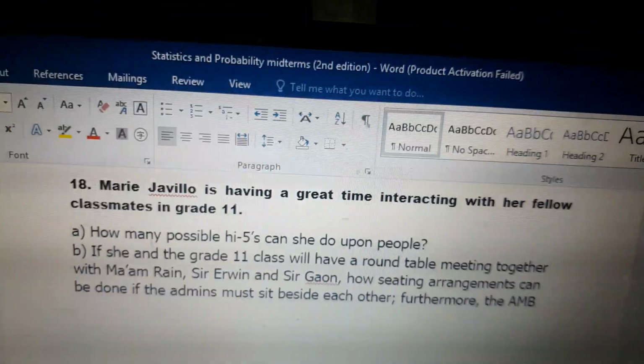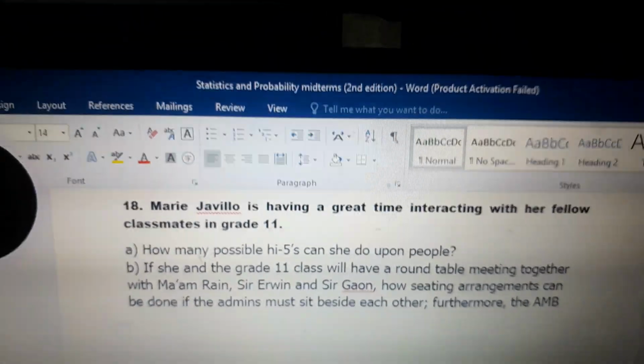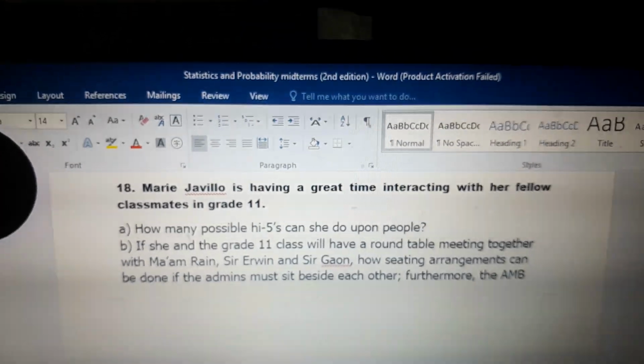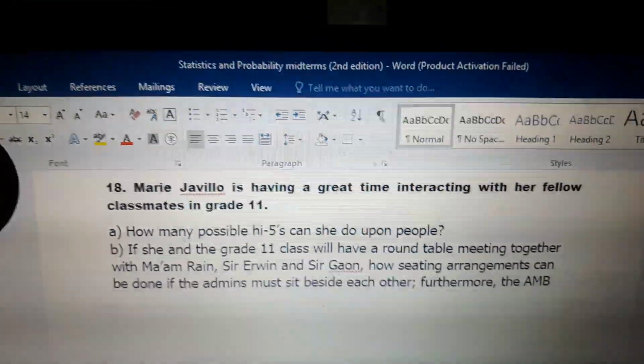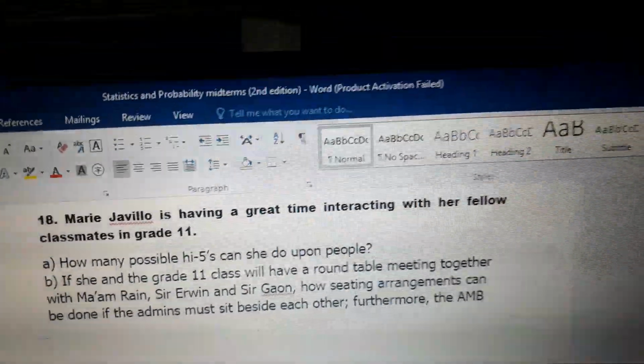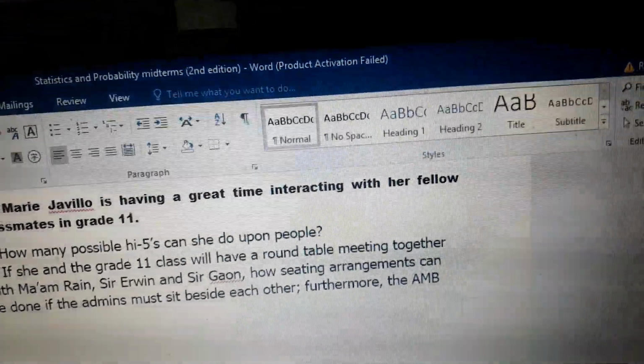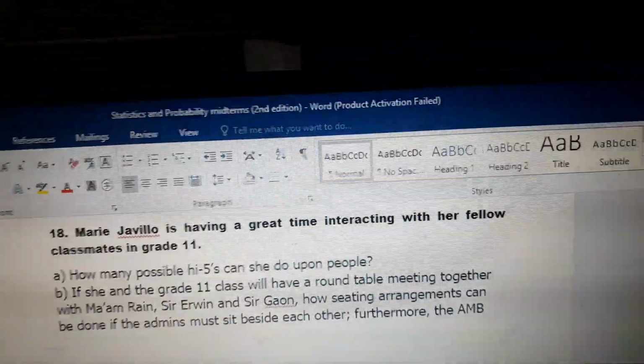So here we are. Number 2-8, Maria Villo is having a great time with her fellow classmates in grade 11. Letter A, how many possible high fives can she do, how many possible high fives are there? That means including herself, but in general, the grade 11 class.